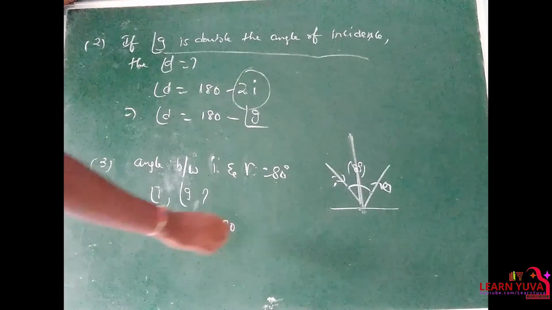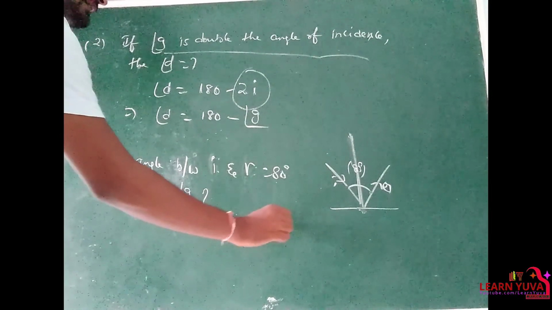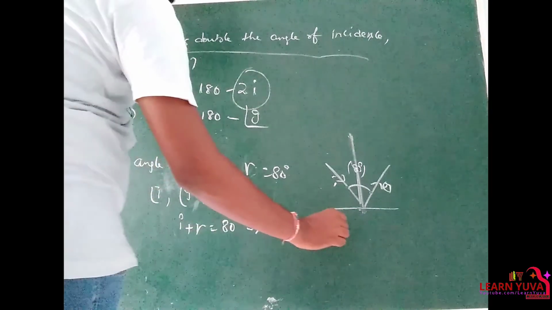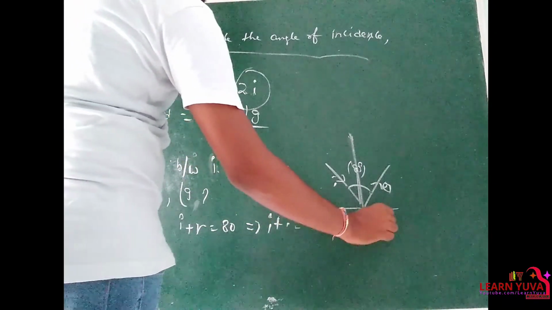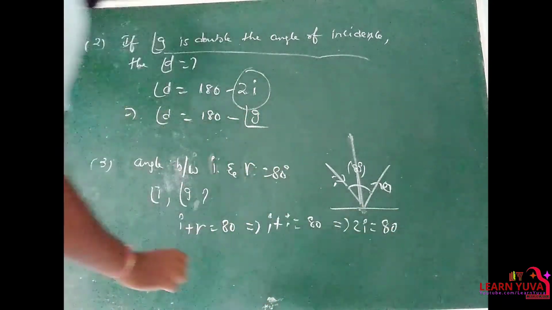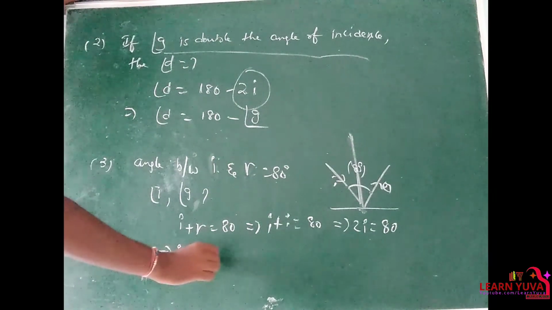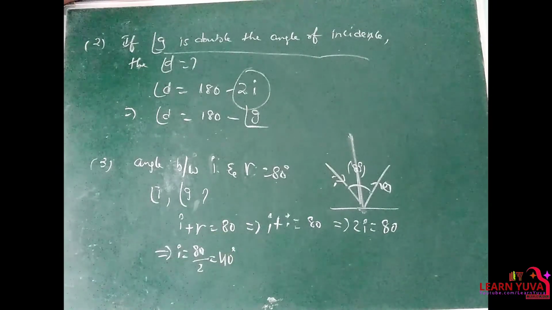Instead of R, I can write I plus I is equal to 80. That implies 2I is equal to 80. I need only I, that implies I is equal to 80 by 2, that is equal to 40 degrees.